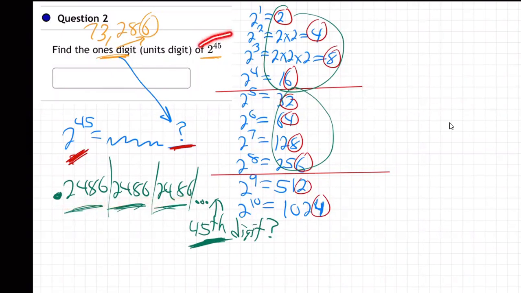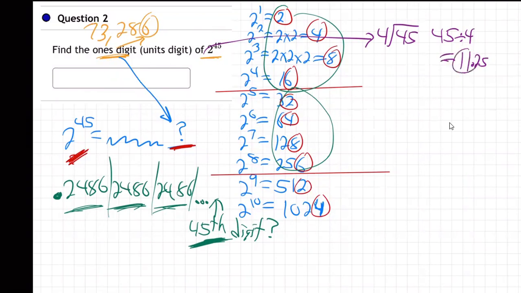So we go out here and we go, okay. I'm going to take 4 into 45. So use your calculator. 45 divided by 4. I think it's 11.25. So you go, oh, 11. So you grab this 11, multiply, get 44.